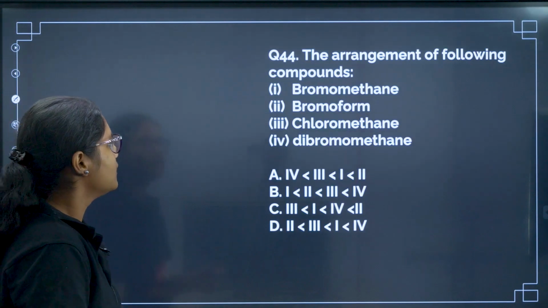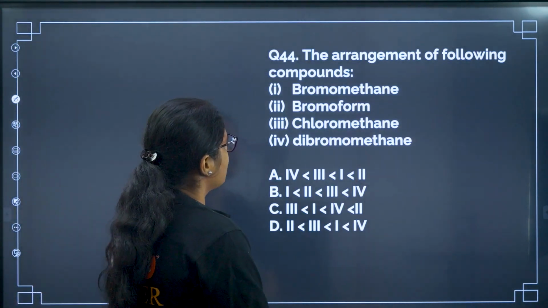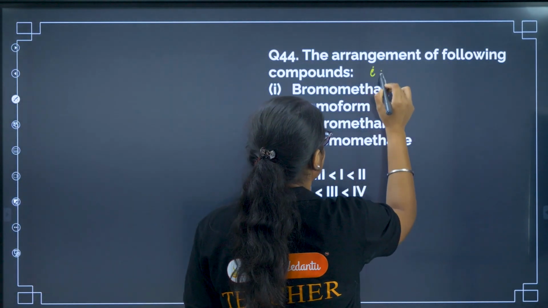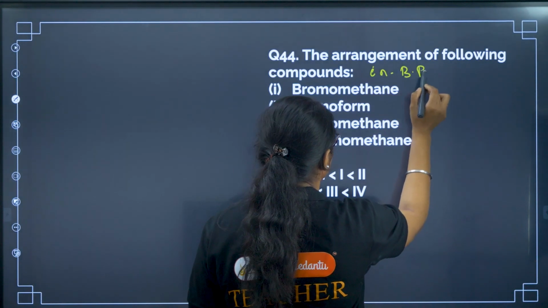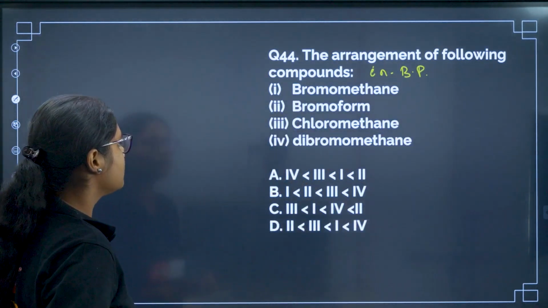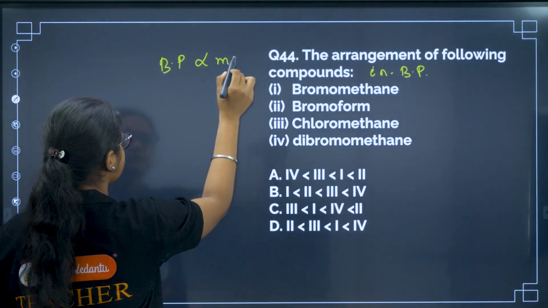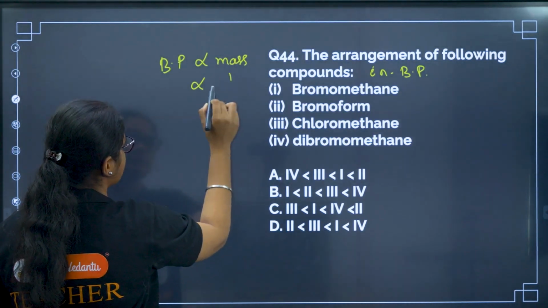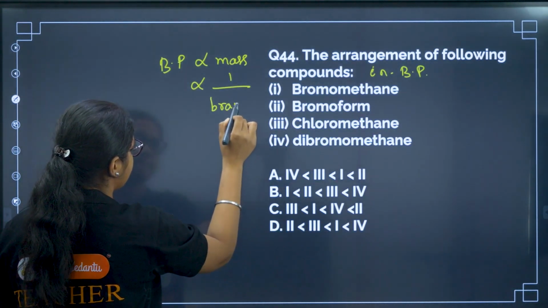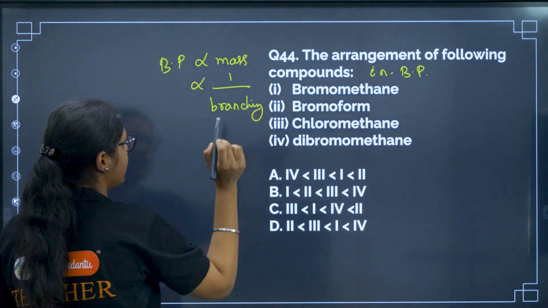Okay, next. Arrangement of the following compounds. You have to arrange them in the increasing order of their boiling point. Boiling point depends on two things. It is directly proportional to mass and inversely proportional to branching, right?